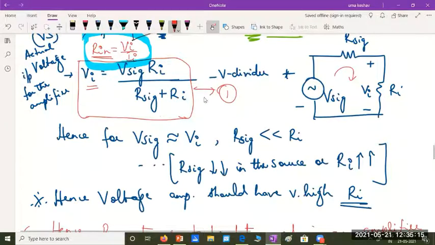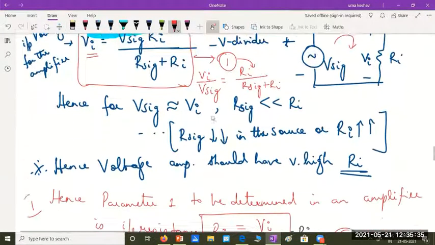So we call this equation 1. So what would be the value of Vi by Vsig? We are interested in this now. It is Ri by Rsig plus Ri. Yes or no? From equation 1, Vi by Vsig. Please ask if you have any doubts in between.